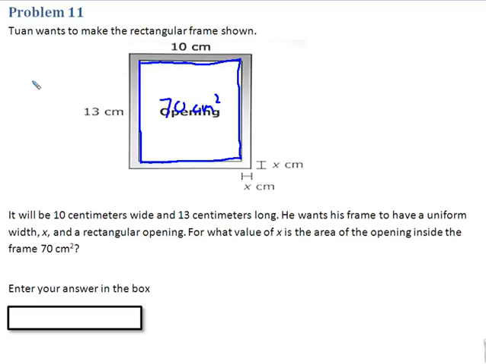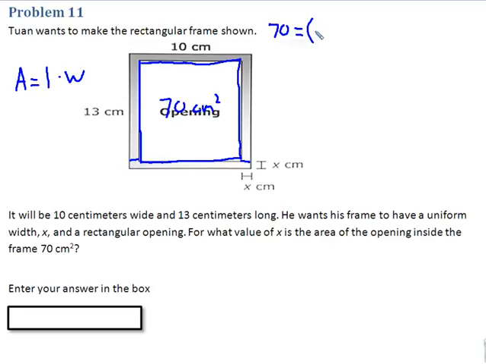Okay, now to solve this, we need to use that the area of a rectangle is equal to length times width. Now we know the area, which is 70, and that's going to be equal to the length times the width. As far as length goes, we have 10 centimeters across, but we're going to subtract out x on both sides of that.